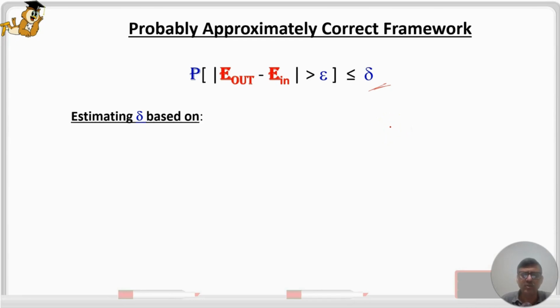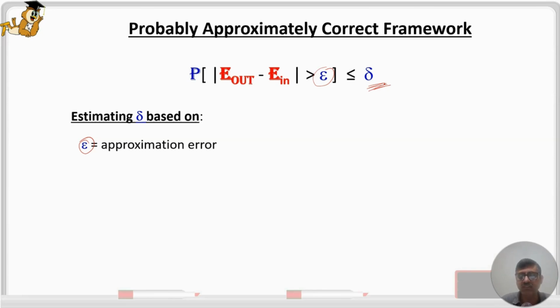Well, you could say at the outset that delta depends on certain quantities that are in your control. The first is of course the approximation error which you specify. You specify epsilon, and you can imagine that delta is a function of epsilon. For example, if your cousin got 83% in his practice exam, you could say with relatively low probability that he will get more than, let's say, 82 in his final exam.